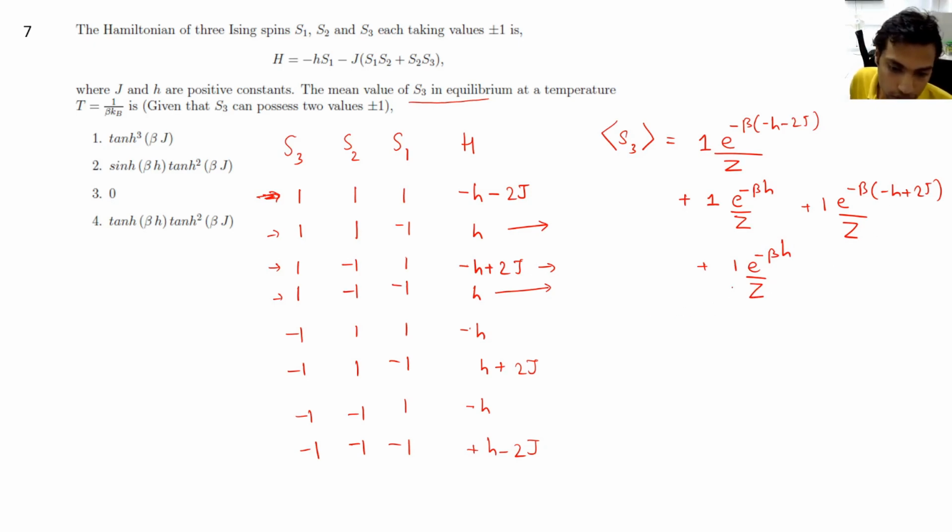Okay, then we have to take minus 1, so plus of minus 1 times, so this is the first minus 1, right?